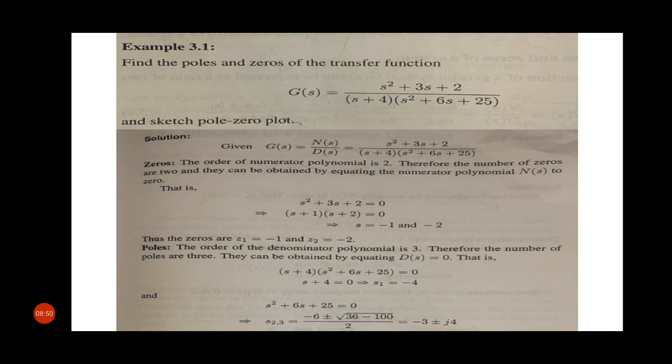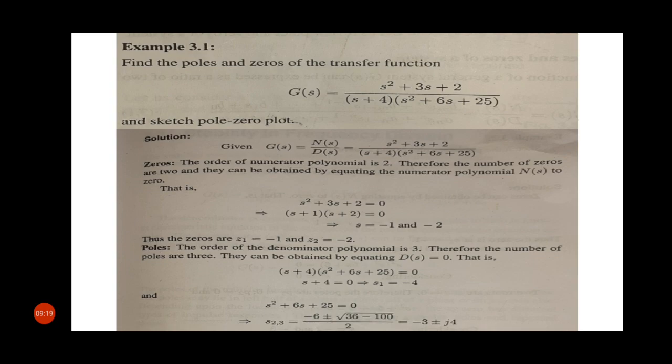Our numerator polynomial is s² + 3s + 2, and we set this equal to 0 to find the zeros. Then we find there are two values of s, one is -1 and another one is -2. In this way we get the zeros. The first zero I have identified as z1, and z1 is equal to -1, and the second zero z2 is equal to -2.